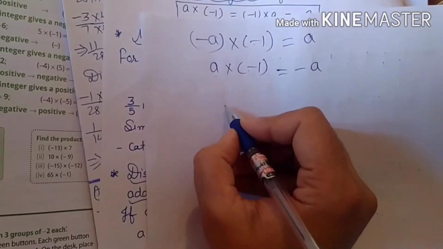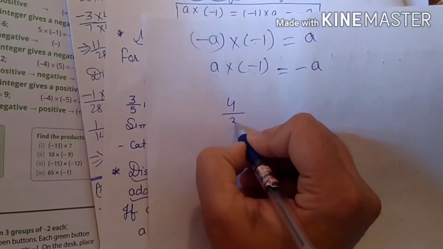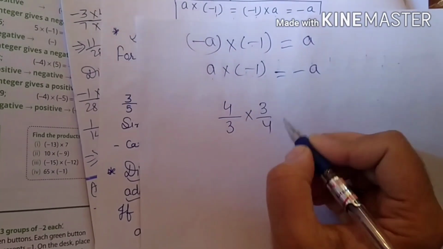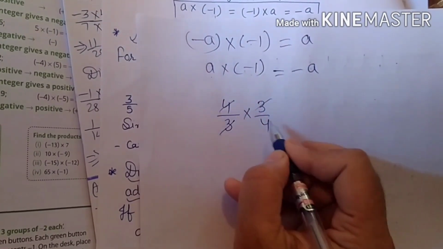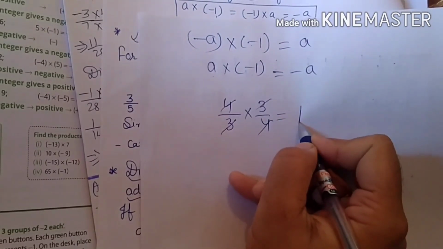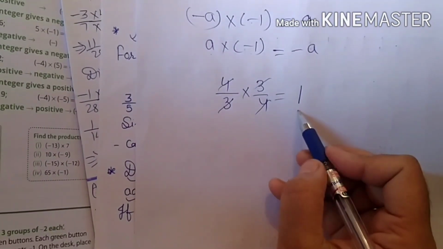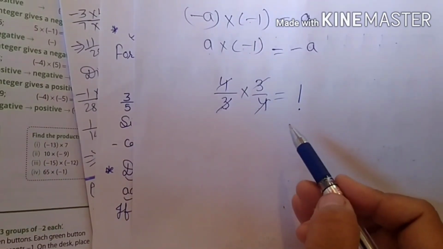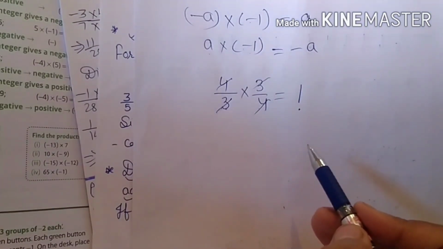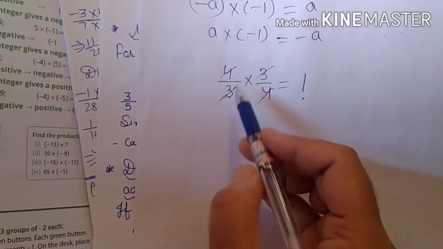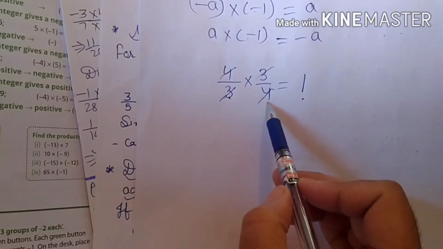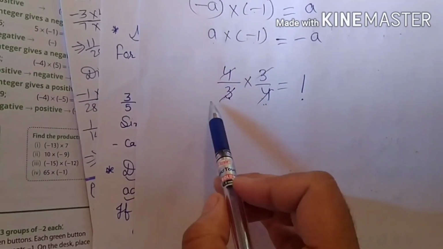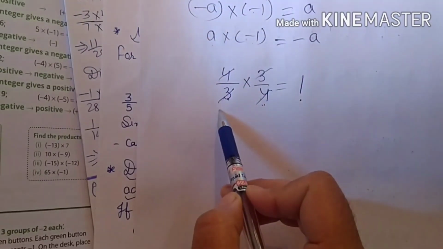Suppose we take another number, 4 upon 3. If we multiply by 3 upon 4, then all numbers cancel and your answer is 1. When you get the answer 1, these two numbers are automatically inverses of each other. It means 4 upon 3 is the inverse of 3 upon 4, and 3 upon 4 is the inverse of 4 upon 3.